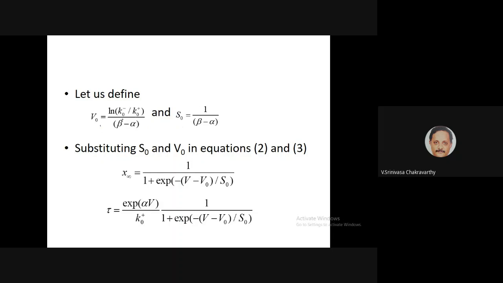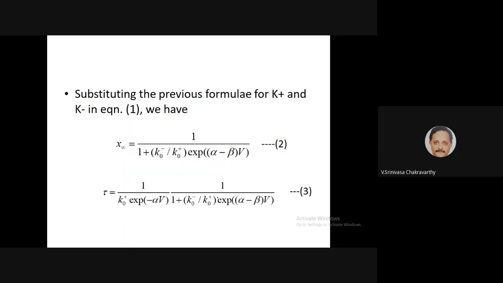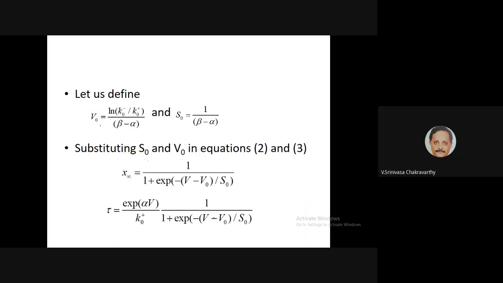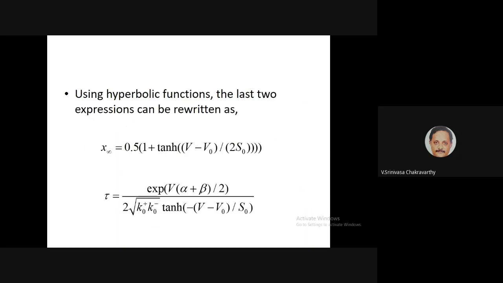V naught is given by ln of k naught minus by k naught plus, divided by beta minus alpha. S naught is 1 by beta minus alpha. If we substitute for S naught and V naught in these equations, you get a slightly different expression. This can again be massaged into a slightly different form.